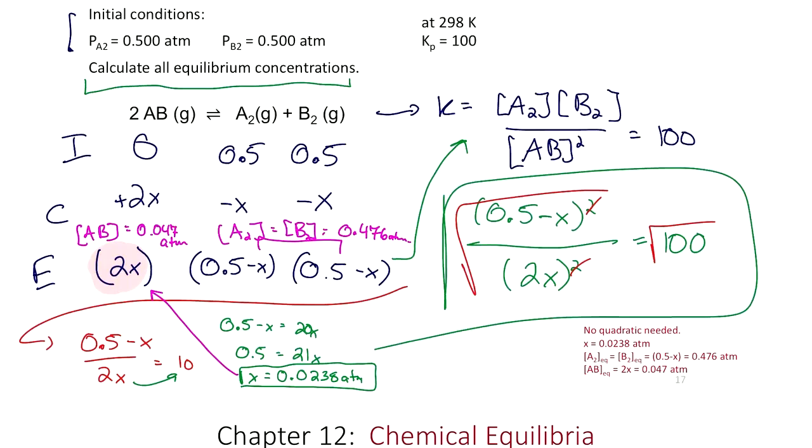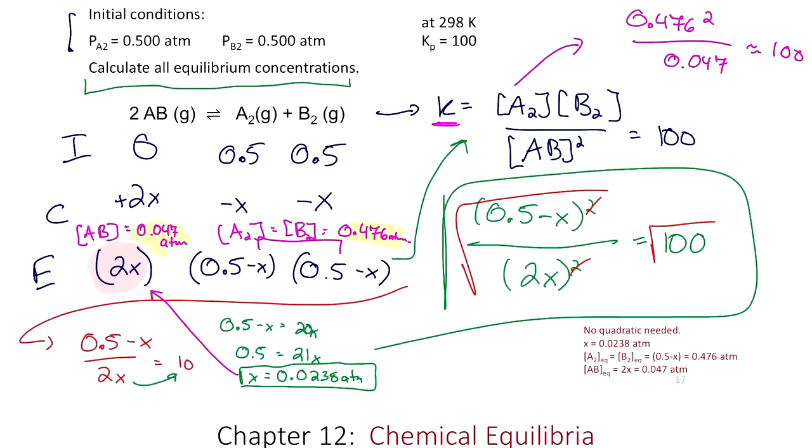That's how we use our ICE table. And to check your work, since we were given K, we can plug these actual values back into that K expression. So if I do 0.476 squared over 0.047, you should get 100. I'm just going to assume you do get 100.